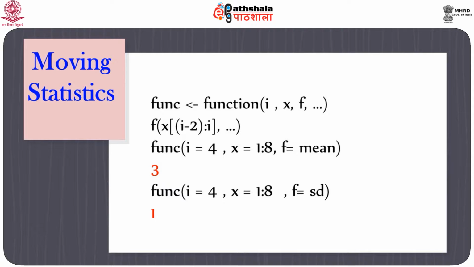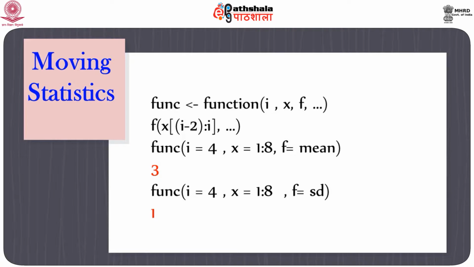So what func is doing is that it is taking the values starting from the second and going up to the 4th value of x. So we are considering 2, 3 and 4, and then we are trying to get the mean of these 3, which is 3 itself. We all know that the mean of 2, 3, 4 will be 3. So it's very simple. So this is the answer that we are getting here.